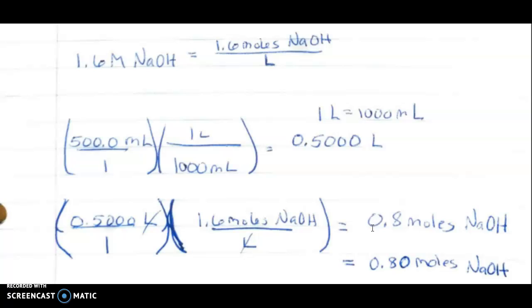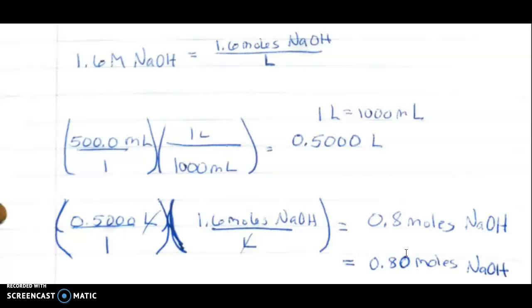However, even though this multiplication comes out to be 0.8, because I have 2 significant figures here, I have to write this as 0.80 moles of sodium hydroxide, because this first 0 is not significant. And we need this information to have the final answer come out correct. Okay, so to find out how many moles are in that 500 milliliters, we do a multiplication problem here.